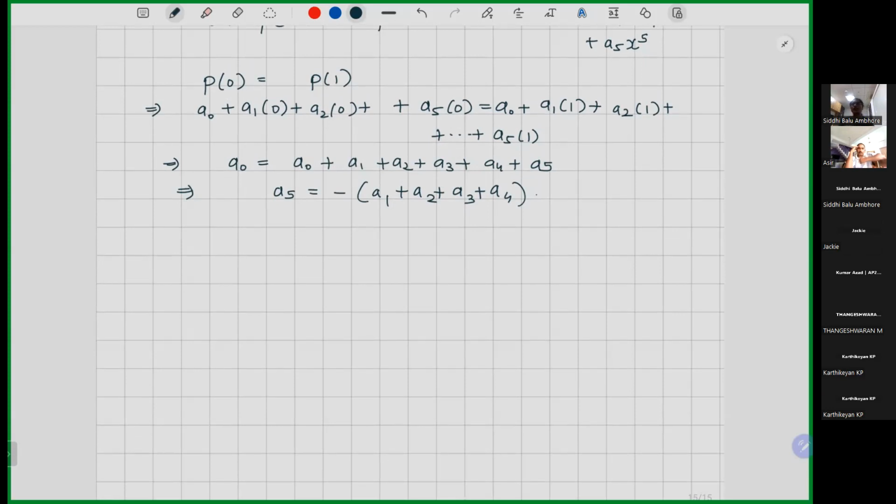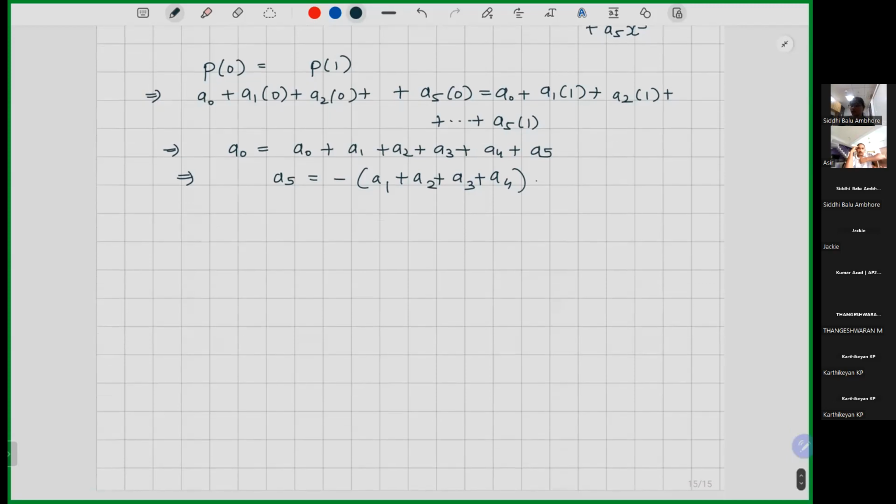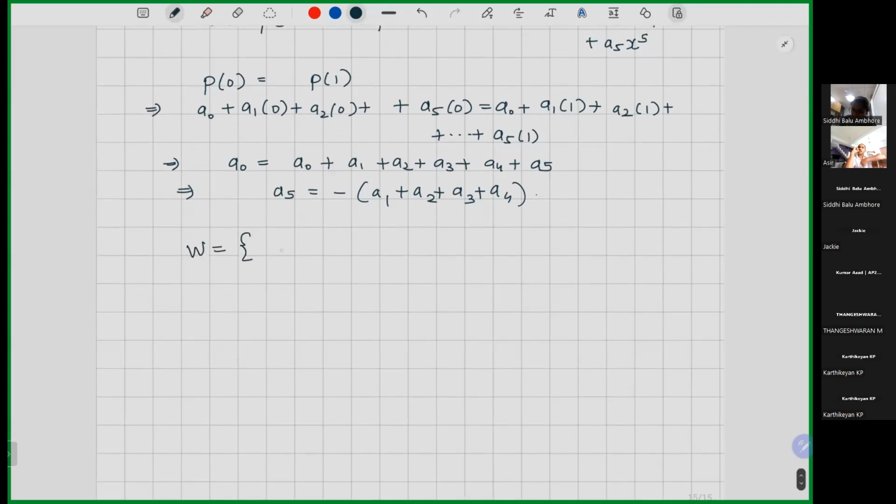Rearranging, I get that A5 is equal to minus of A1, A2, A3 and A4. So when I write W, it is A0 plus A1x plus so on up to A5x power 5 such that A0 is cancelled. It means A0 is independent. So A0 is in R, A1 up to A4 are in R, and A5 is minus of A1 plus A2 plus A3 plus A4.